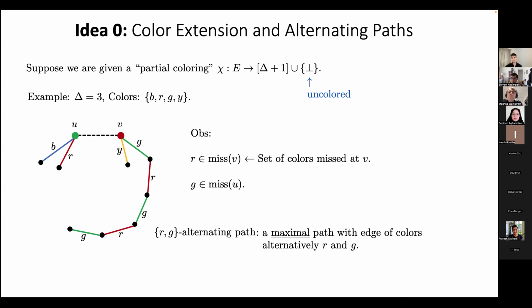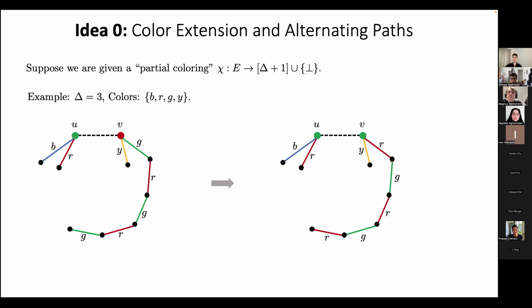One of the key observations within edge coloring is that by flipping this alternating path, we can make the color green available at vertex V. Then green is available at both endpoints of this edge, and we can color it green and extend the coloring. This is the classic basic procedure for extending the coloring to some uncolored edge.